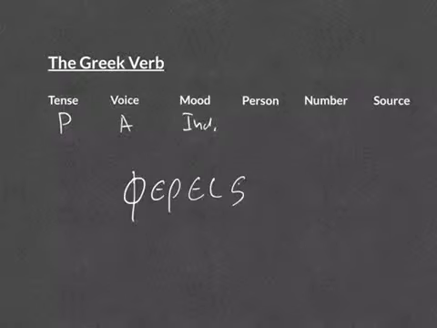Phares. Okay. Now let's figure out what the lexical morpheme is. Where's the divide in the morphemes? After the rho. Good job. And the lexical morpheme would be... Phare. Yeah, it's not a theta. It's a phi, not a theta.